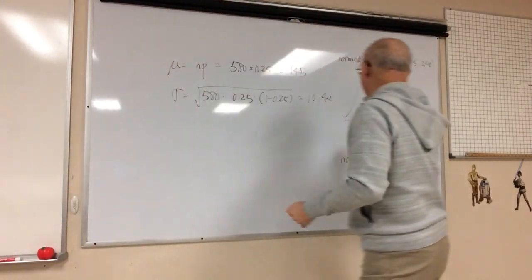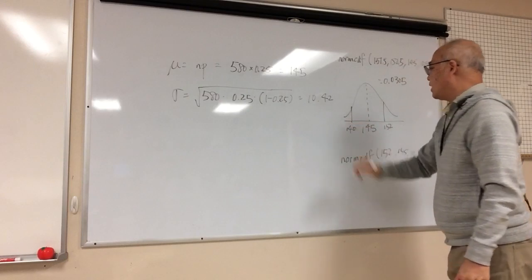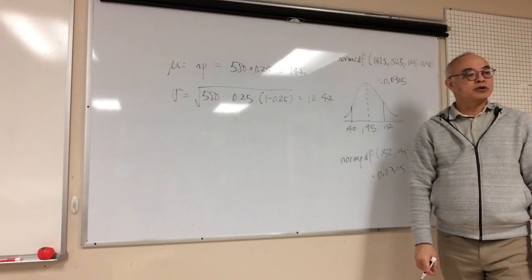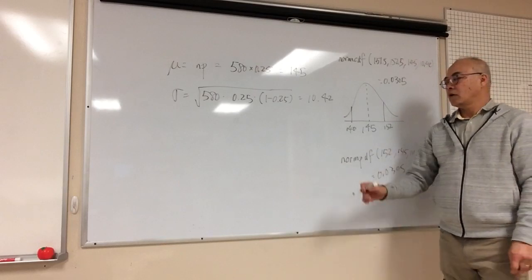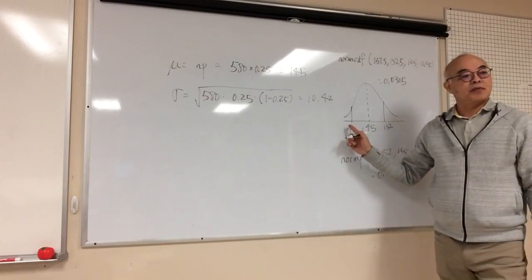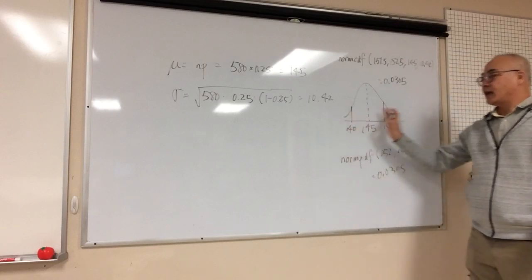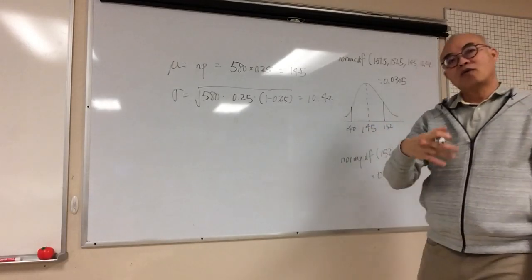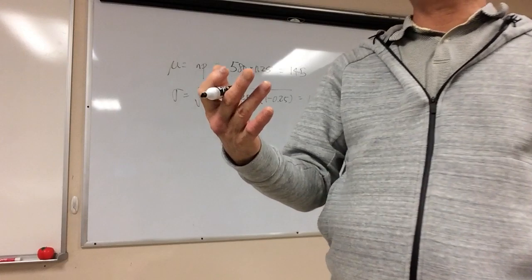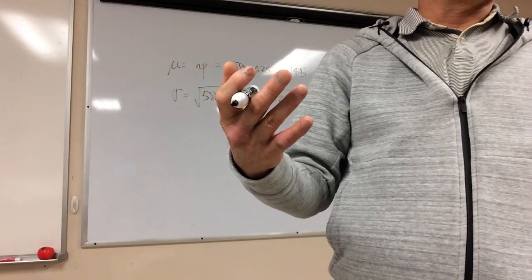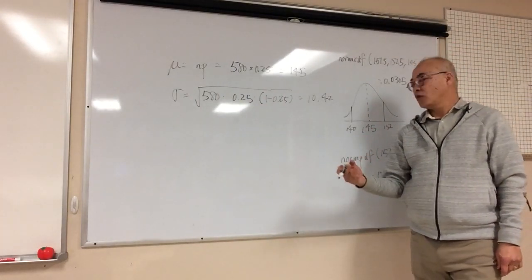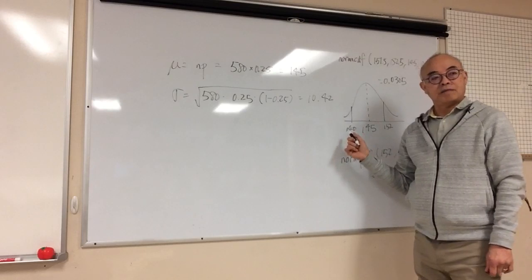If they give you the same question and say greater than or at least 140, what would your lower limit be? It'd be 139.5, right? Because you want to include 140, and at least means it would be on this side. If I said 140 or less, you would use 140.5.